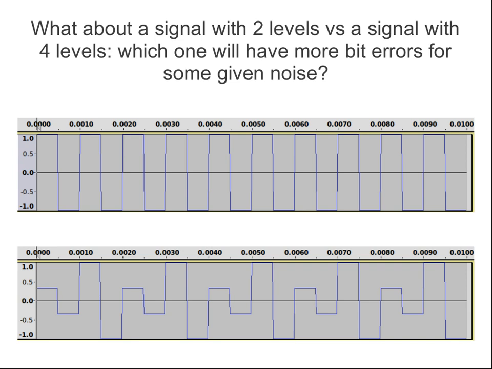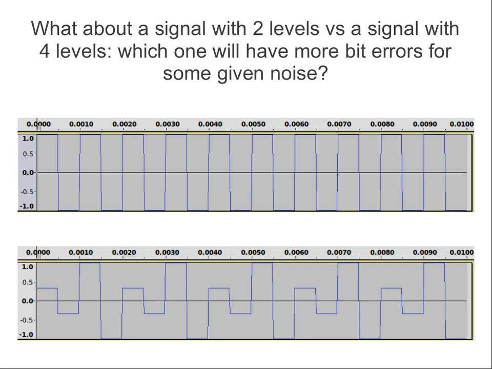So we can talk about the number of signal elements per second. It's the same in this case. 2,000 bits per second, we have 2,000, I'll call them signal elements per second.